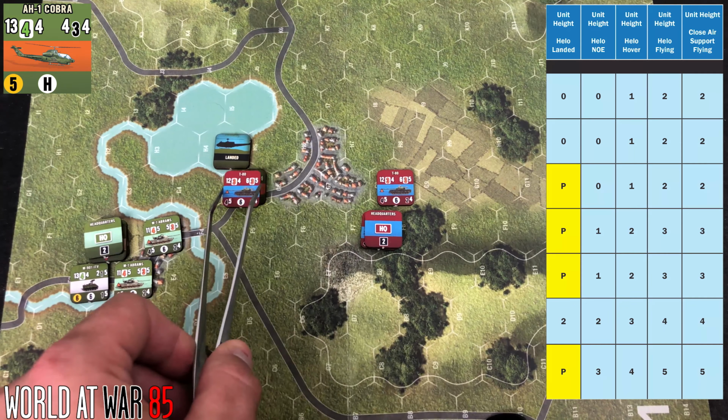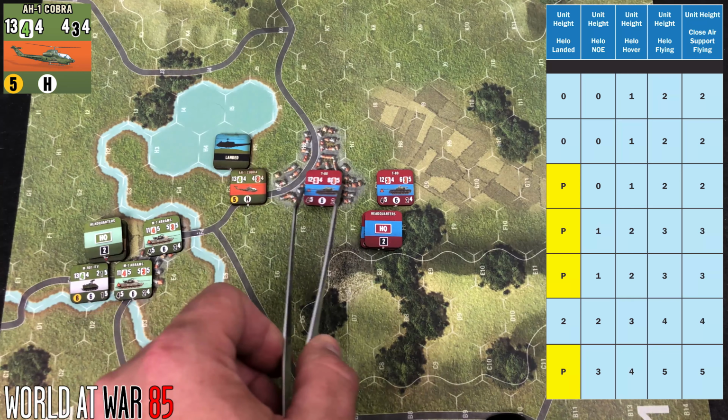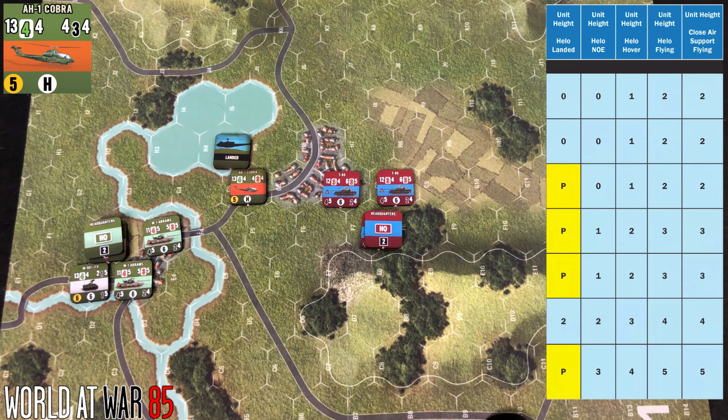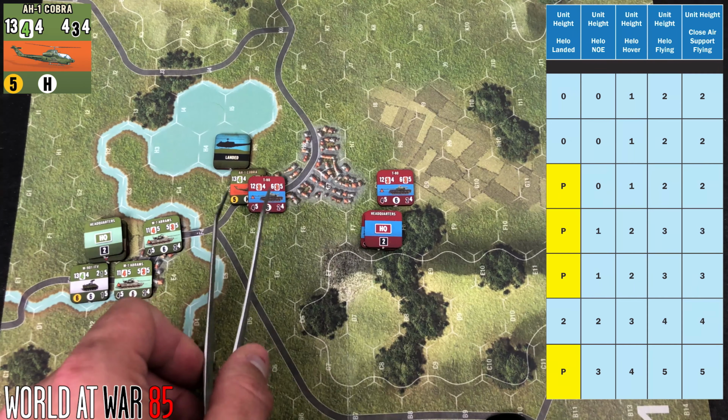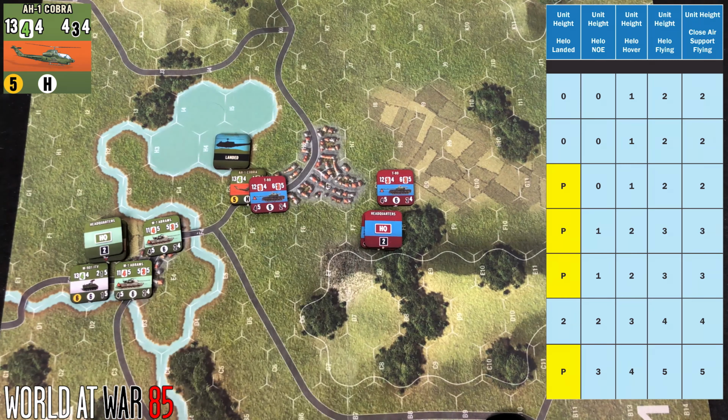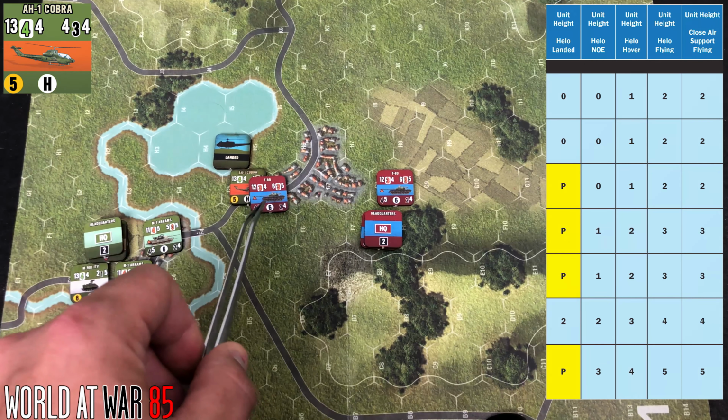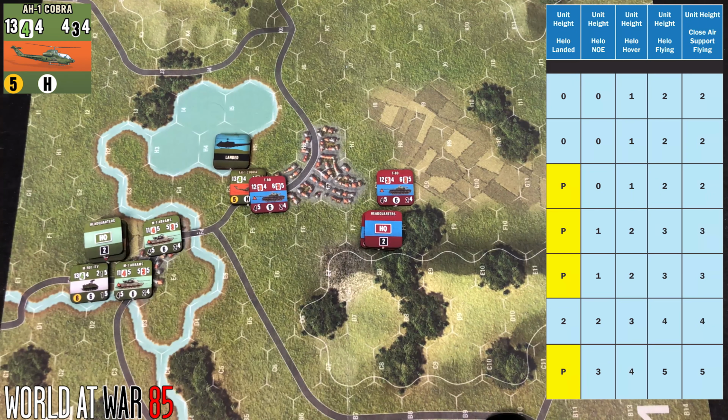So this unit could move into the hex that the helicopter is in without it being considered an assault because the helicopter is considered above it. As before, if an enemy unit is in the same hex as a helicopter and either the helicopter shoots at the enemy or the enemy shoots at the helicopter, they're going to be considered one hex away from each other when they conduct their combat.